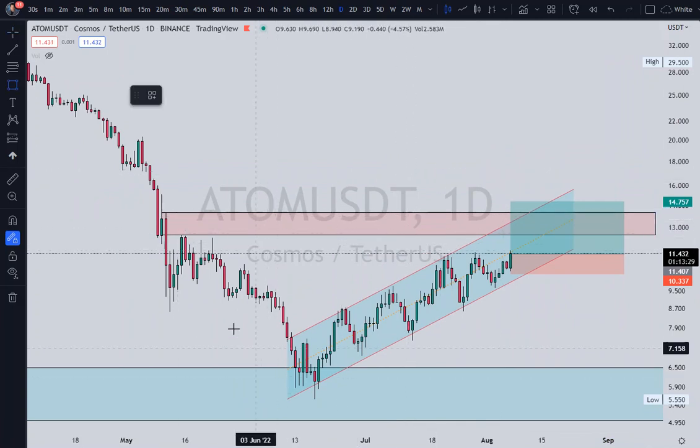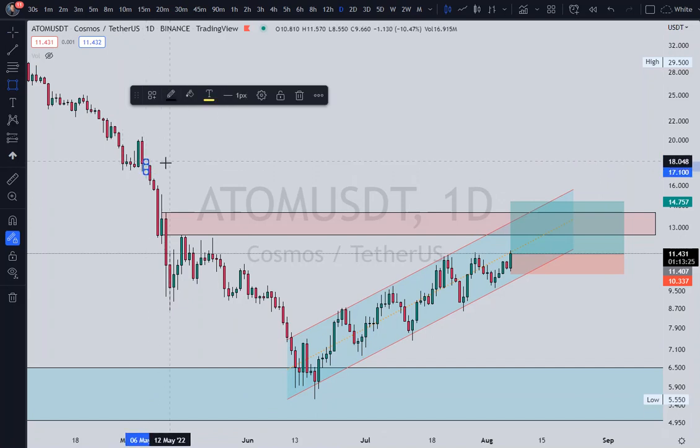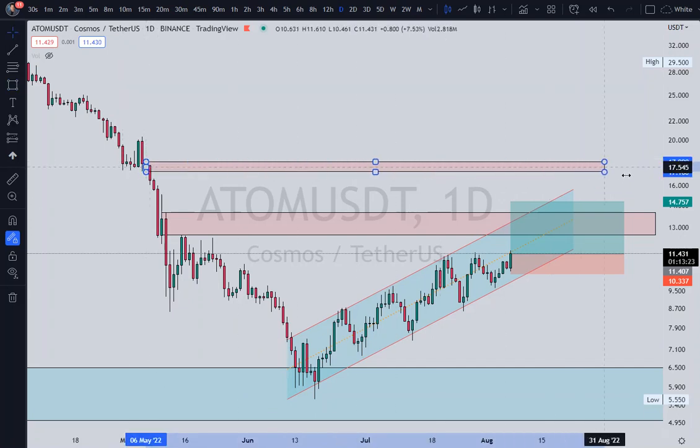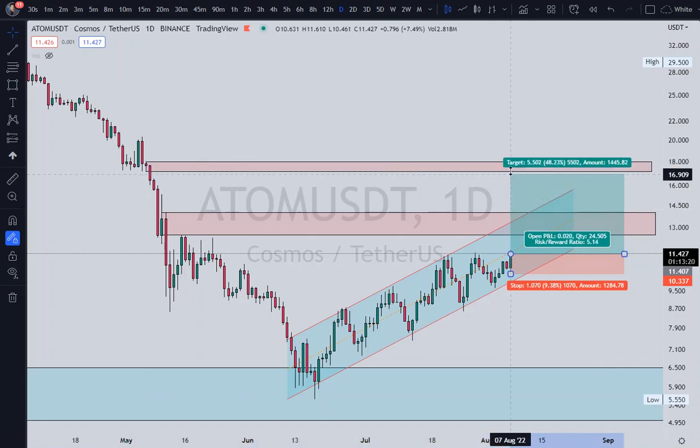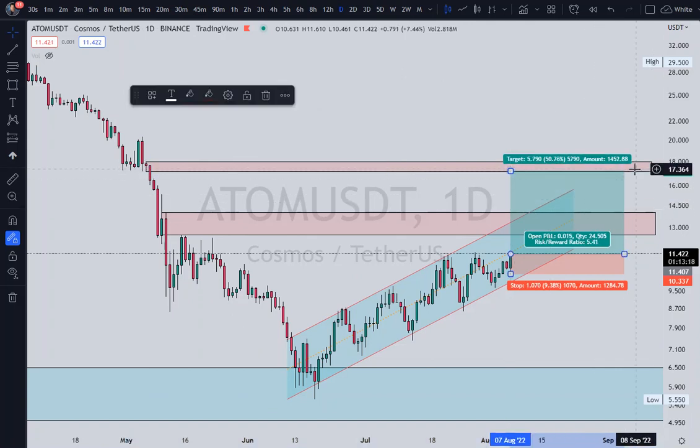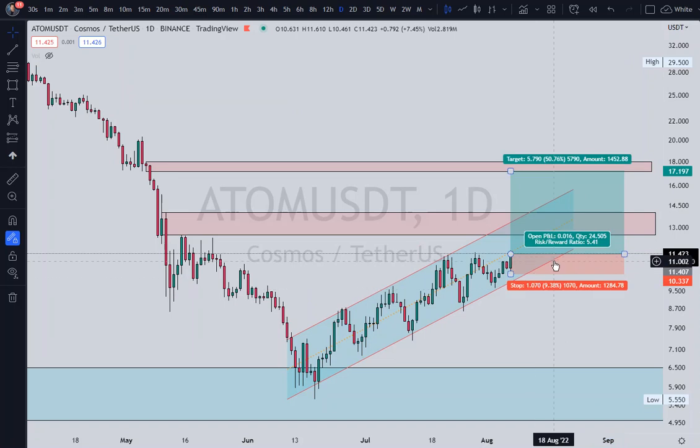This setup is for those who believe the resistance is here and the price is going to test this resistance. Then it will give you a good risk to reward ratio, more than 5, and it would be good. But personally, I won't take this trade here, and I prefer to wait for more confirmation.